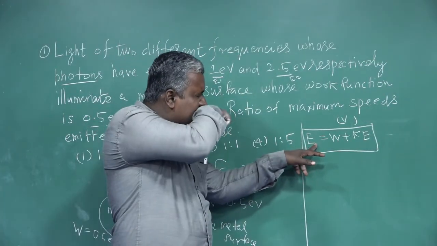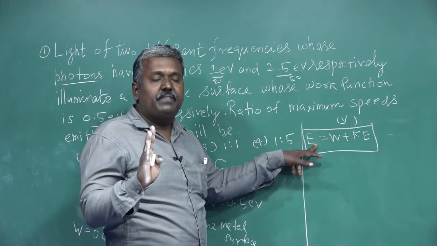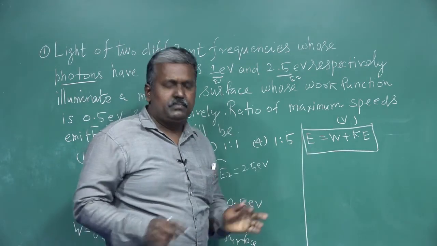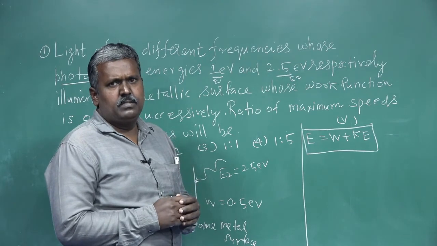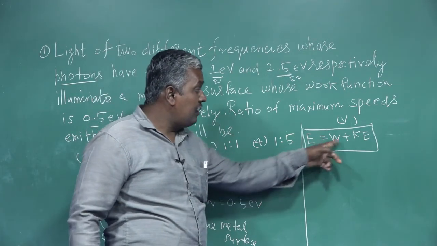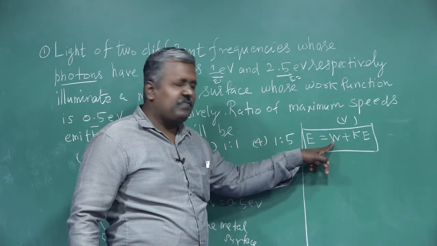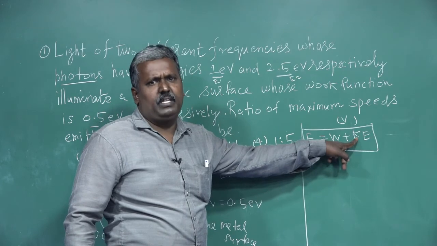After keeping this formula in your mind, you can cover 85% of problems in dual nature of radiation and matter waves, or elementary photoelectric effect. E is equal to W plus KE: the energy of the incident photon, the work function of the metal surface, and the kinetic energy of the emitted photoelectrons.